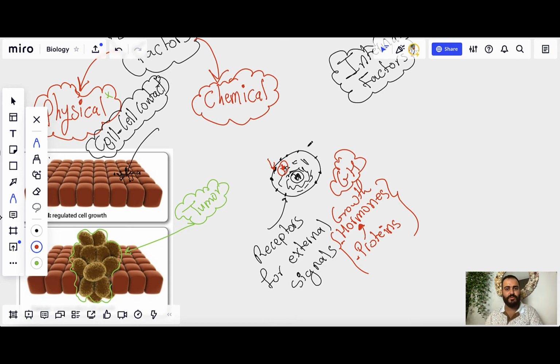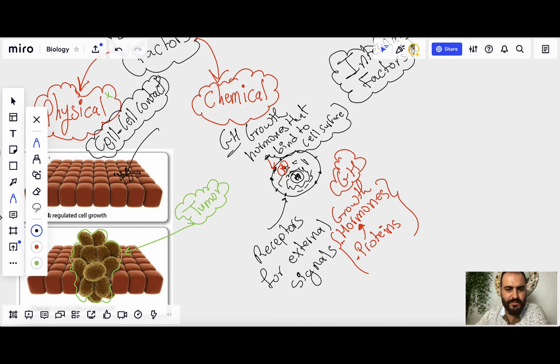An example of growth hormones are all the hormones that initiate the release of sex hormones during puberty. And this will lead to more changes in the physiological structure of the body. So for chemical signals, mainly we speak about GH or growth hormones that bind to the cell surface.